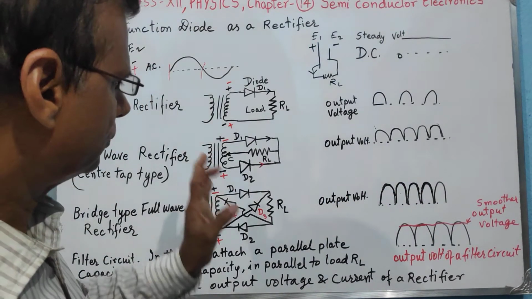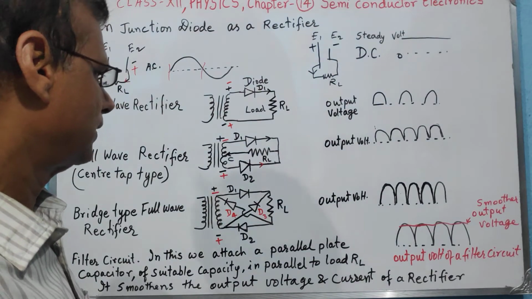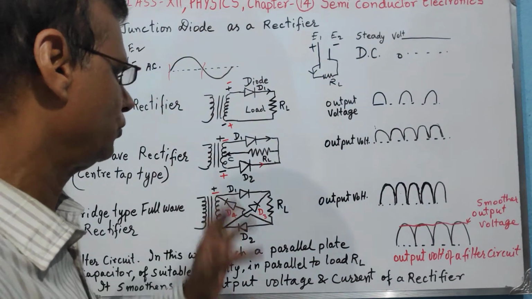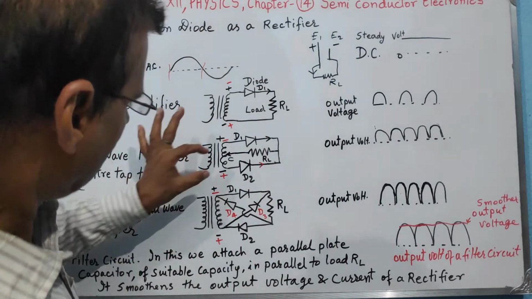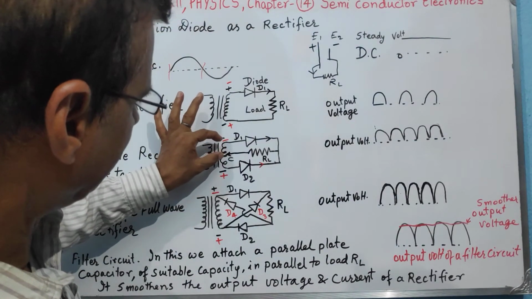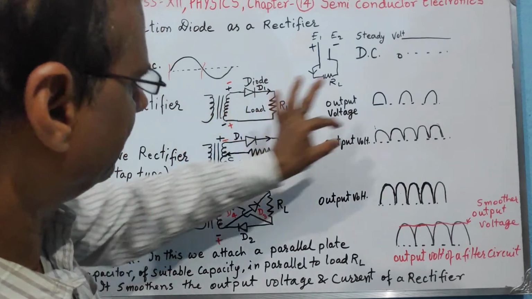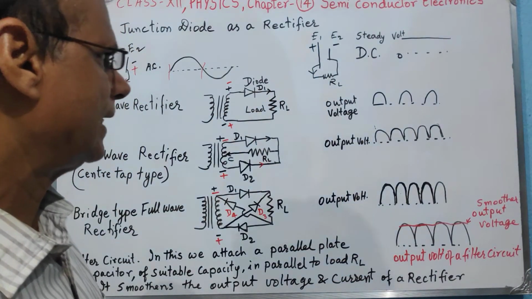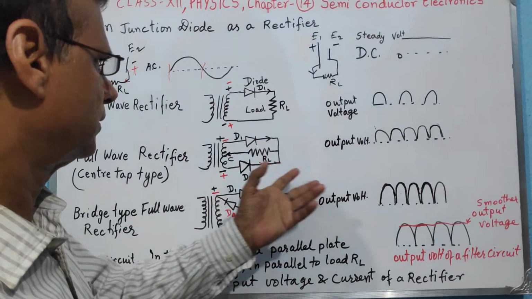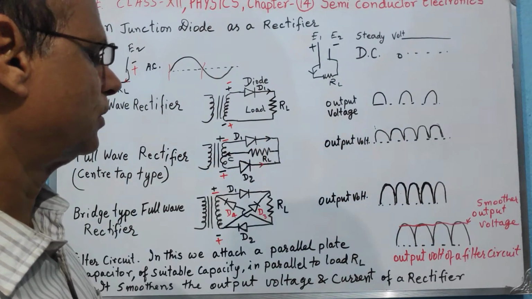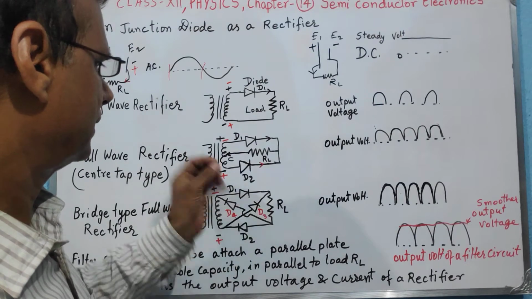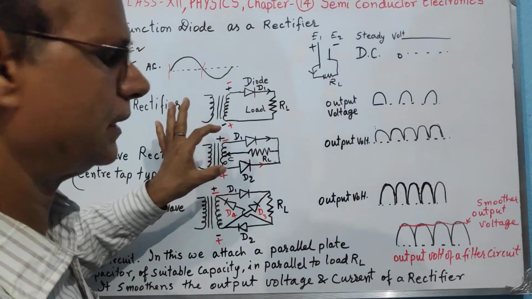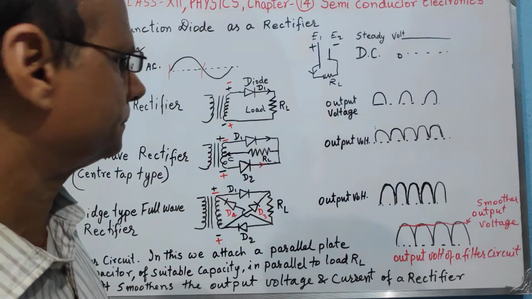One thing you can observe is that the total energy made available by the transformer is not utilized. Only half the portion at a given time is being converted into DC and half is blocked. So the energy output will always be half of what energy the transformer is making available to the diode.